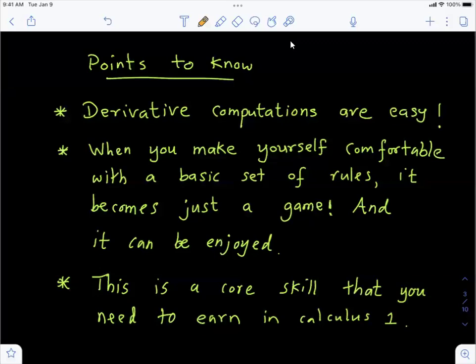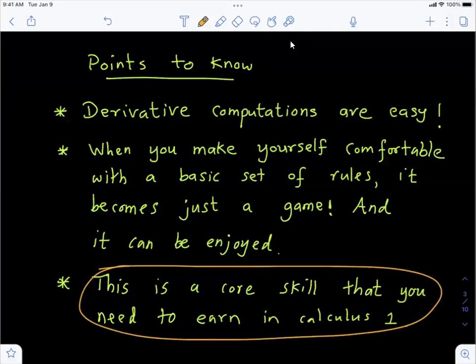And on the other hand, this is a skill that you need to have. The ability to compute derivatives precisely is the single most important aspect that you need to have out of calculus 1. So if you have some difficulties in algebra, trigonometry, or some other contexts, prepare yourself to contain it within this derivative component and try to do the computations precisely.